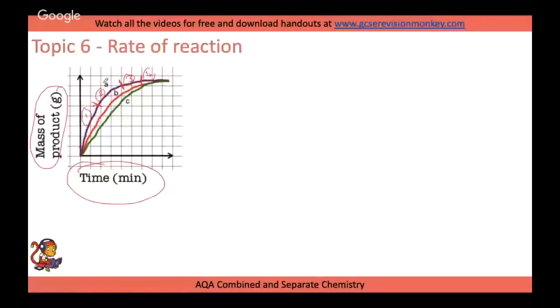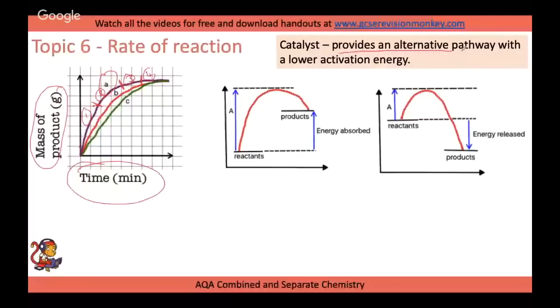We said we come back to the catalyst. We said before that it provides an alternative pathway with a lower activation energy. That's the GCSE bit. You won't get all the marks if you just say that it speeds up a reaction. Remembering reaction profiles from paper 1, they may well creep into paper 2 as well, because you might need to show on there how a catalyst is providing an alternative pathway.